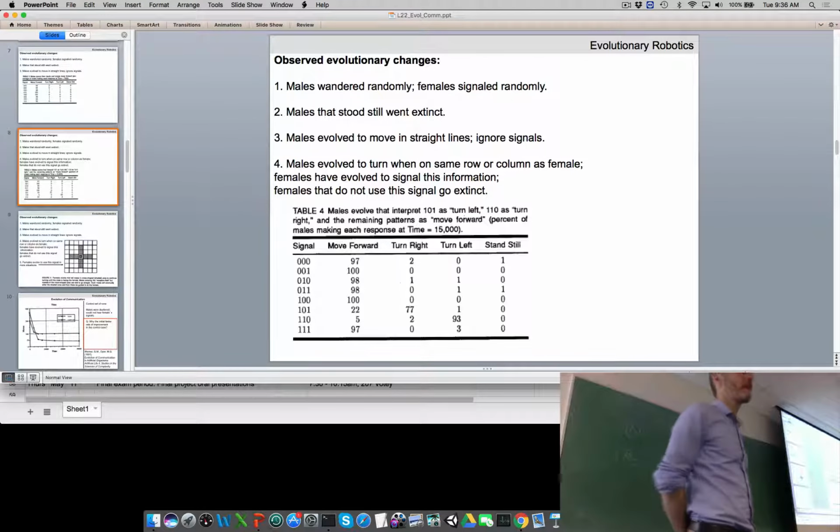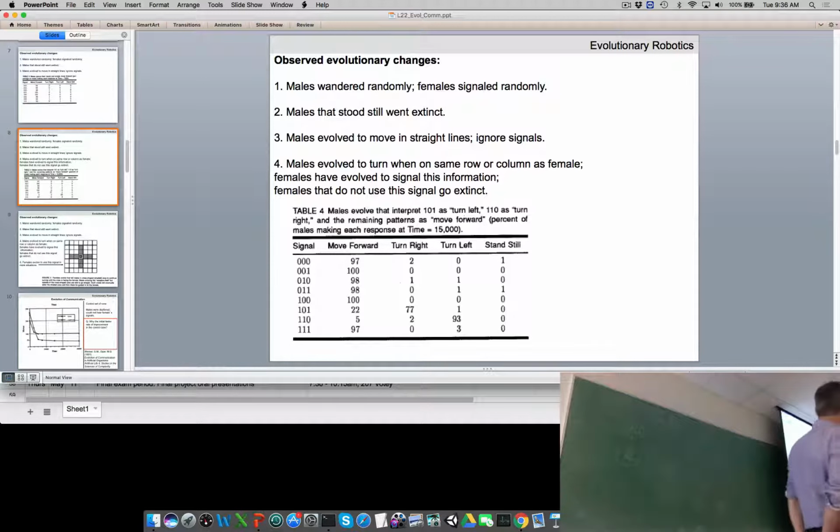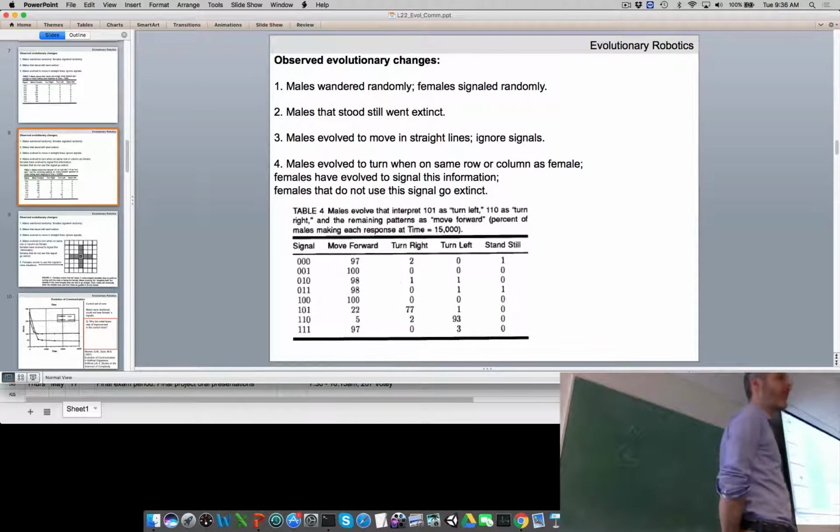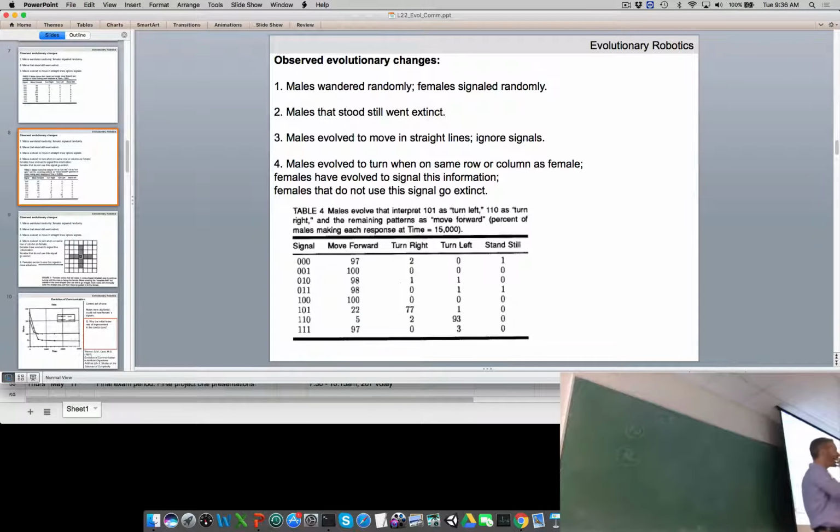They learn that when a female emits a certain signal, they'll turn right or left. Exactly, right? So most of the 800 males now are turning right when they hear 101 and turning left when they hear 110, and all the rest of the time, if they hear the other 6 signals or hear nothing at all, they move forward.